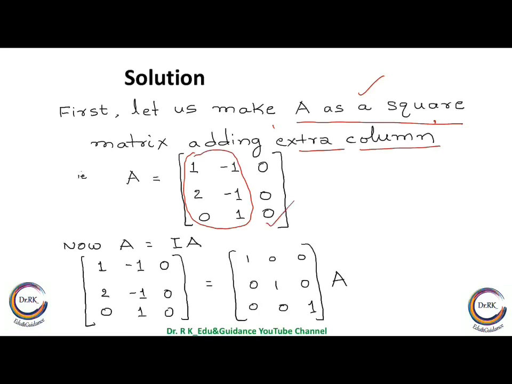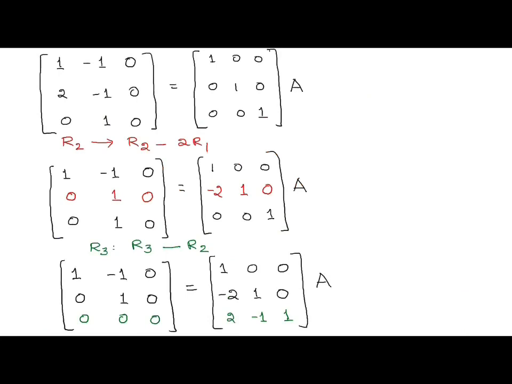Now we take A equal to IA, where A is the given matrix converted to a square matrix, and I is the corresponding identity. Now we have to convert this matrix into Hermite form by using only row operations.